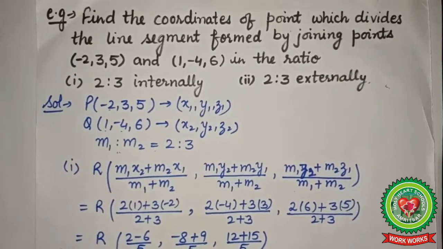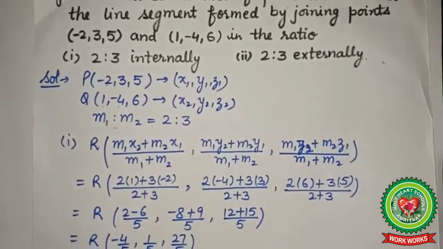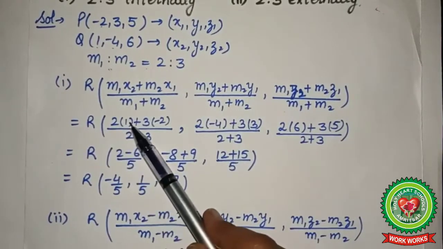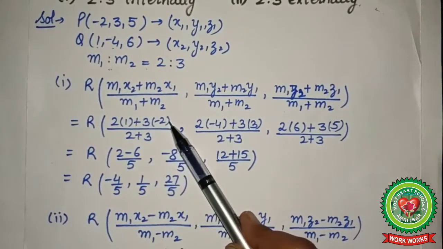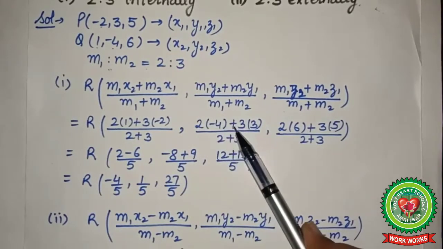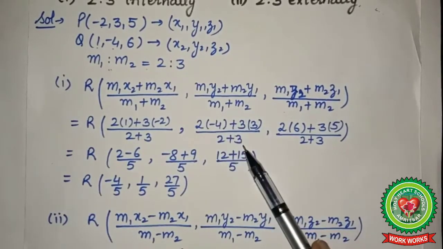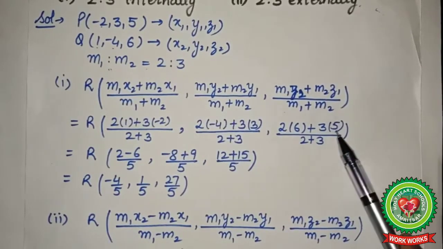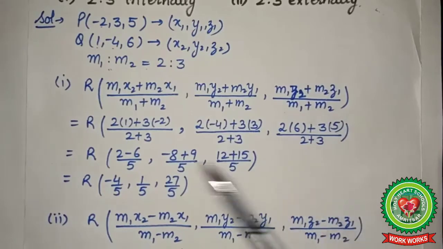Now put the value of x1 y1 z1 and x2 y2 z2. We get 2 into 1 plus 3 into minus 2 upon 2 plus 3, then 2 into minus 4 plus 3 into 3 upon 2 plus 3, then 2 into 6 plus 3 into 5 upon 2 plus 3.